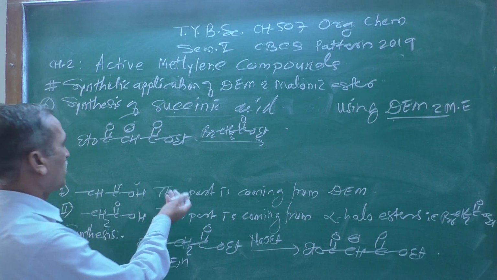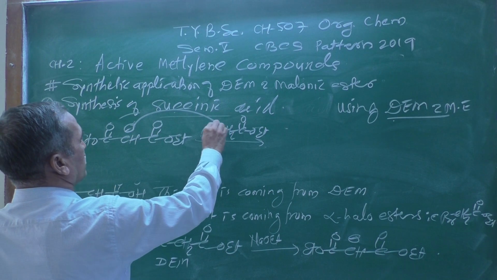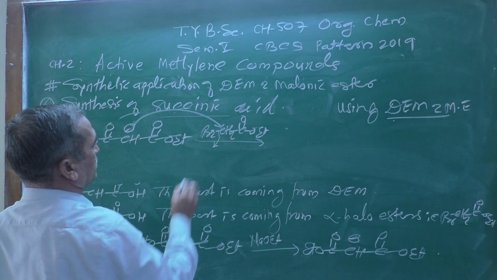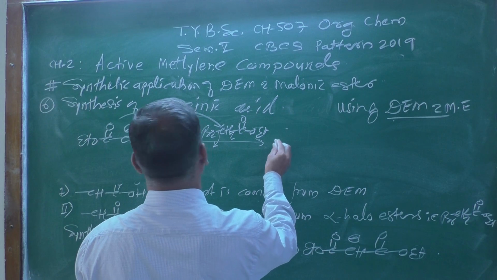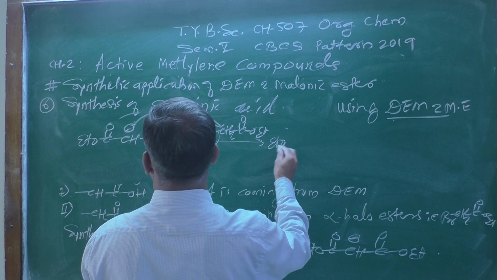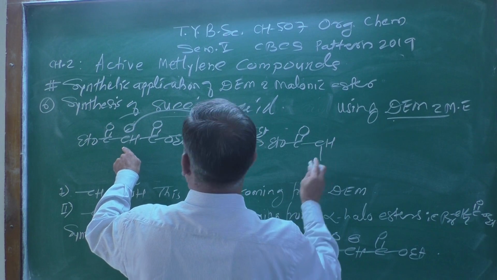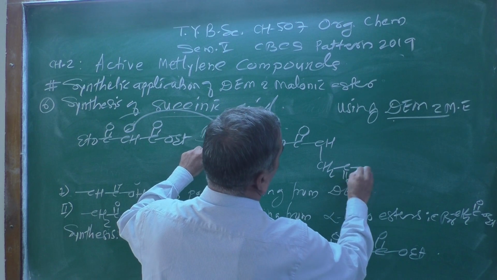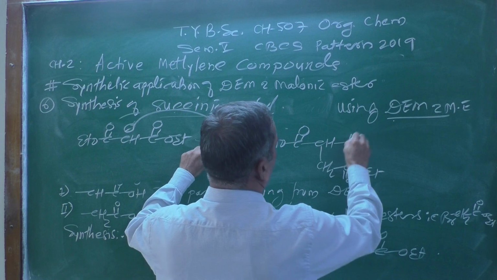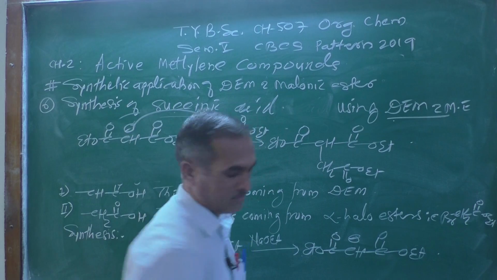Then a nucleophilic substitution reaction takes place, and there is a departure of Br. So what do we get? You can get here EtO, C double bond O, then CH. Here I am writing this CH2, C double bond O, OEt, and here also C double bond O, OEt, as it is.